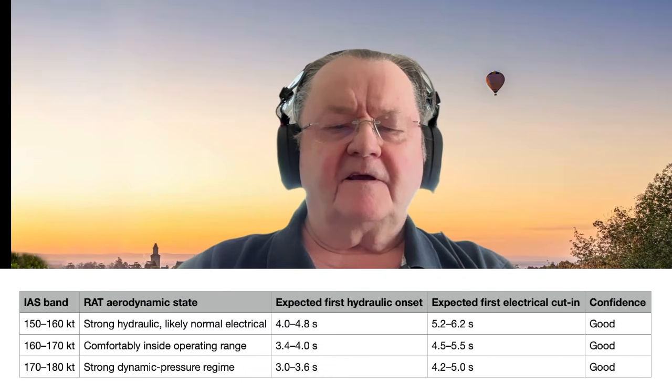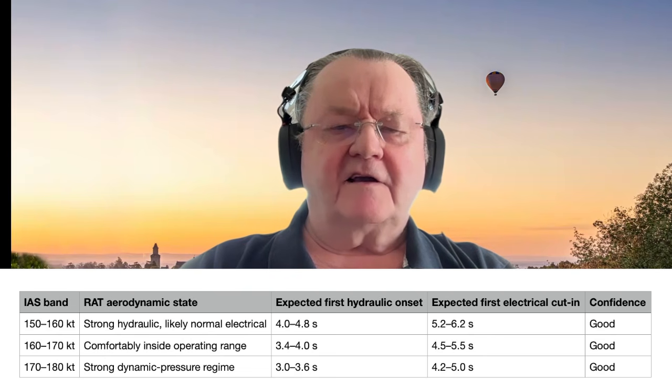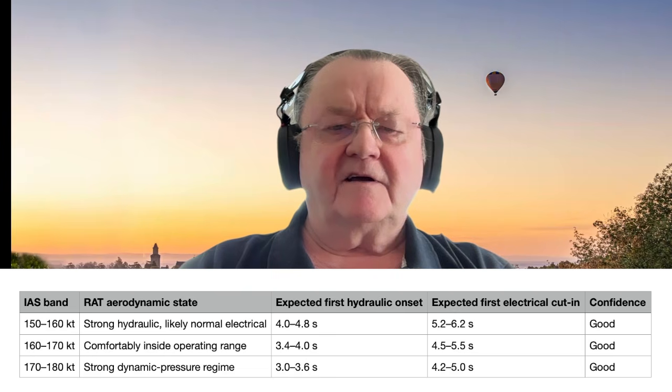On this basis, the 50-inch turbine geometry materially favors the four-pole interpretation over the two-pole interpretation. The preliminary report states the RAT became hydraulically effective at 180 knots IAS, and this is within the strong dynamic pressure regime and expected 3.0 to 3.6 seconds after the RAT deployment command.